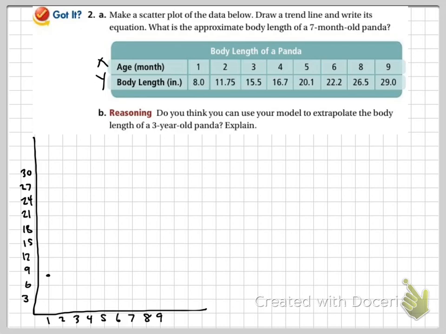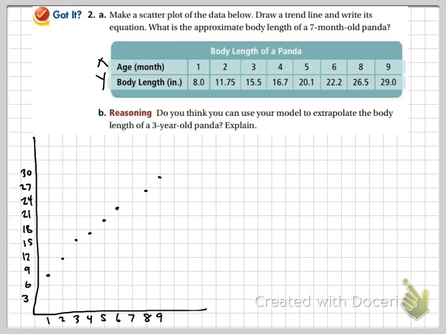So 2 and almost 12. 3 and 15 and a half. 4 and almost 17. 5 and just over 20. 6 and about 22. 8 and 26 and a half. And 9 and 29.